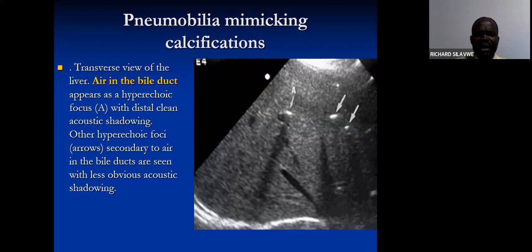You can see other hyperechoic foci, arrows here. These arrows here are pointing to this, and the shadows are moving like that. Okay, so that is the calcification. So the pneumobilia is just mimicking the calcification.